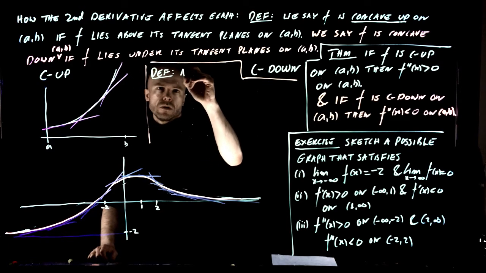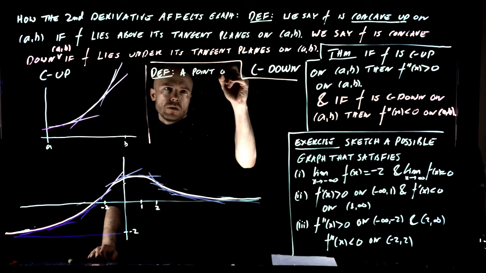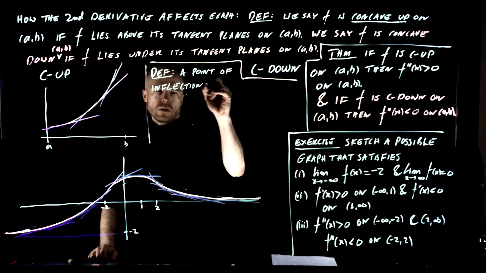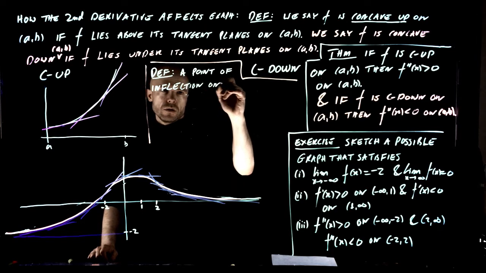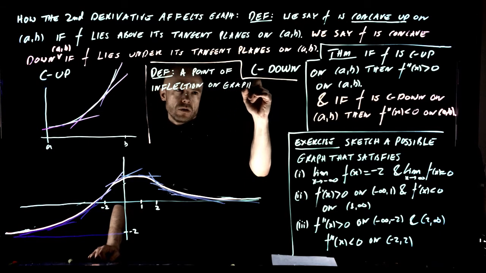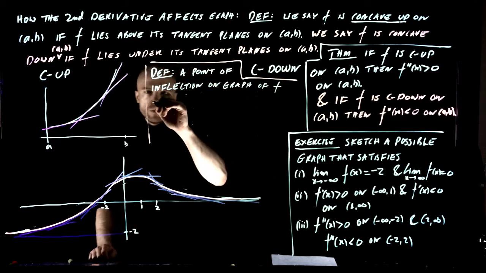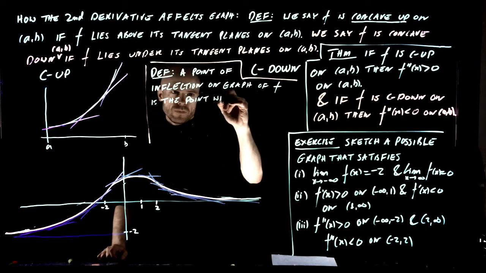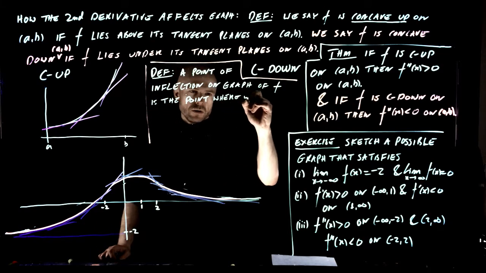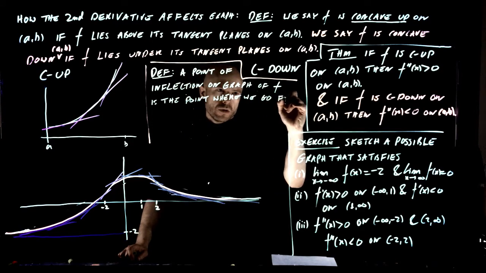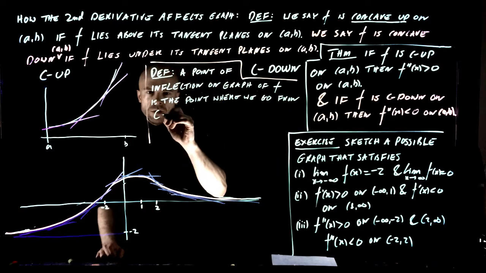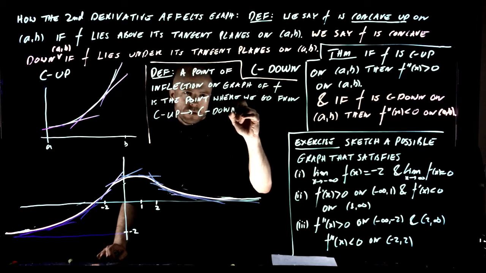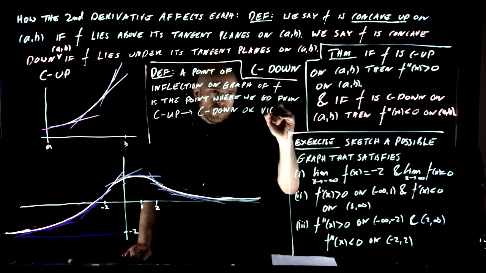A point of inflection is the point where we go from C up to C down, or vice versa.